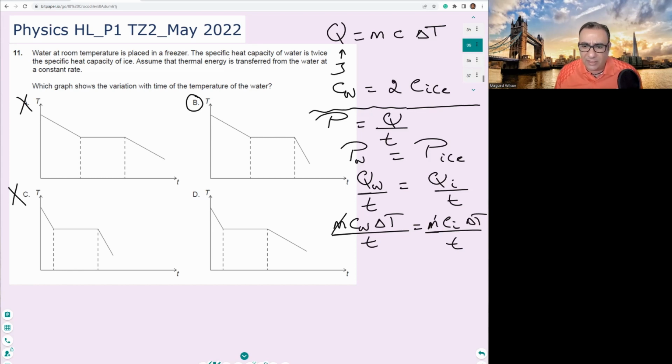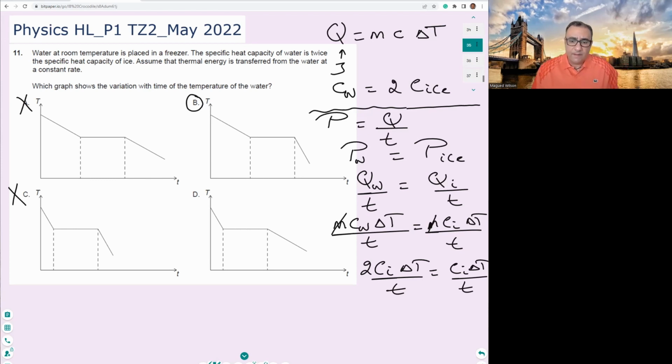So we can cancel m with m, right? And then you can actually use this information here. So you can replace c_W, which is the specific heat capacity of water, with twice c_i. We can say 2 times c_i times delta T, capital T, over small t is equal to c_i delta T over t, right?